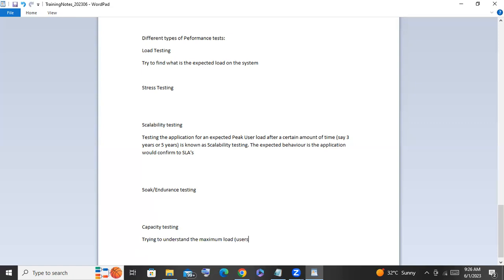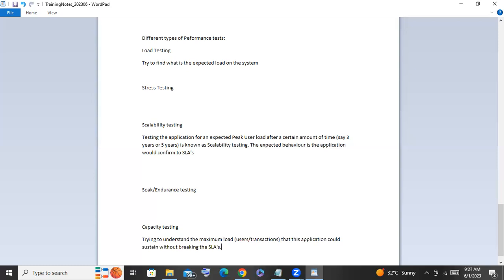Load could be users or transactions that this application could sustain without breaking the SLAs. What is the maximum user load this application could sustain without breaking the SLAs?